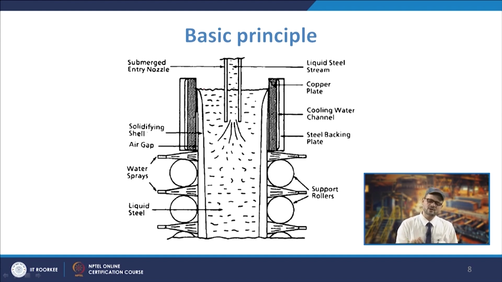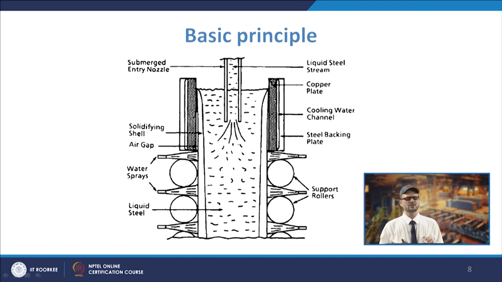This powder after melting will go in between the mold and the liquid steel. In between it will go and it will pass through it. So, it will ensure that there is no sticking of this liquid steel to the copper mold.